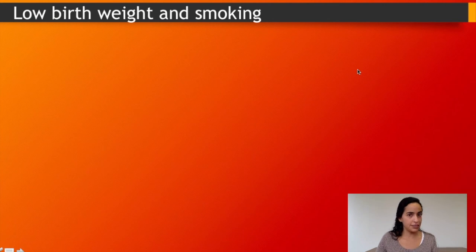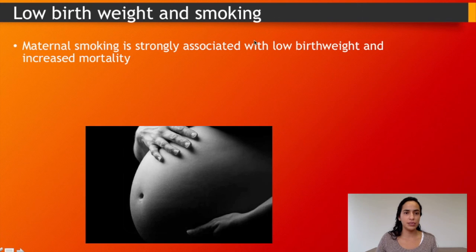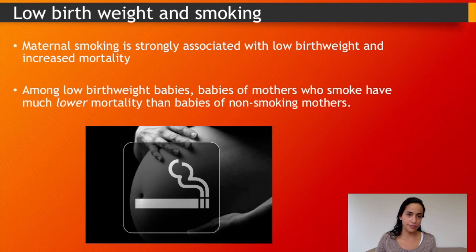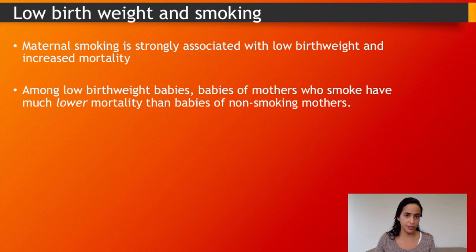Another non-imaginary but quite real example is the relationship between low birth weight and smoking. So among the whole population, it has been well established for a number of years that maternal smoking is strongly associated with low birth weight and increased mortality. Among low birth weight babies, however, babies of mothers who smoke have much lower mortality than babies of non-smoking mothers.